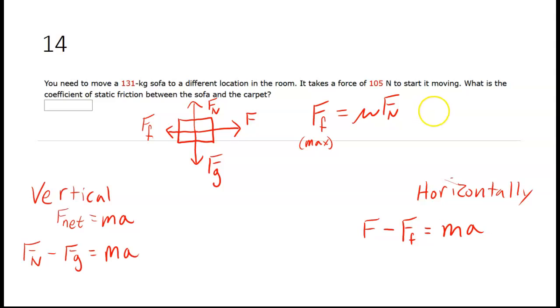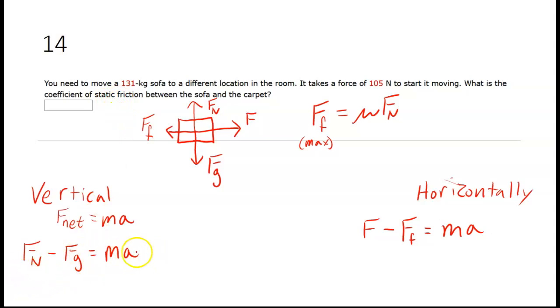So even though moving the couch horizontally might involve just these two, our friction force is related to the amount of normal force that we have, so that is something we need to pay attention to.